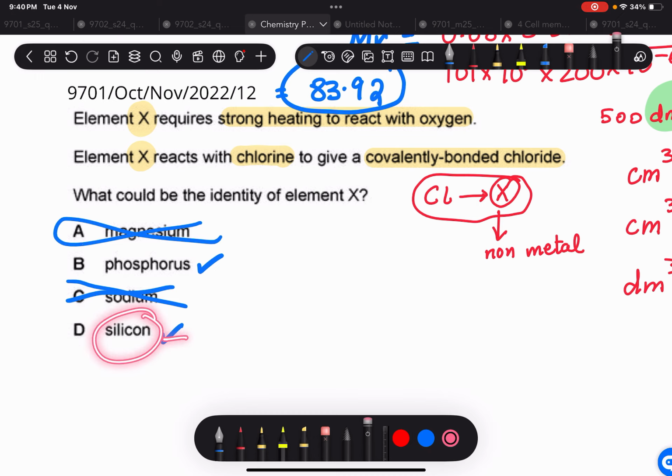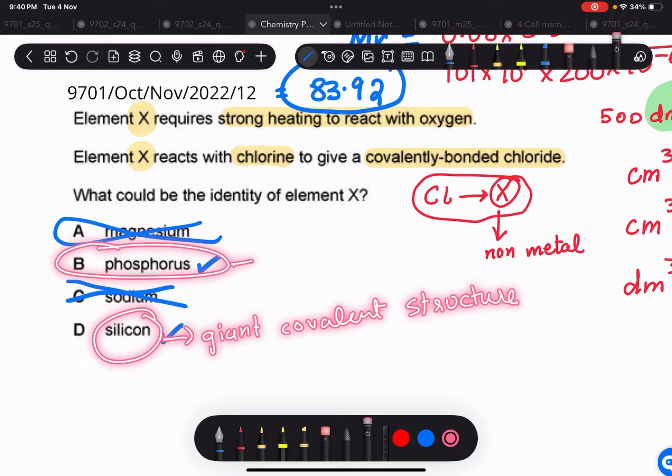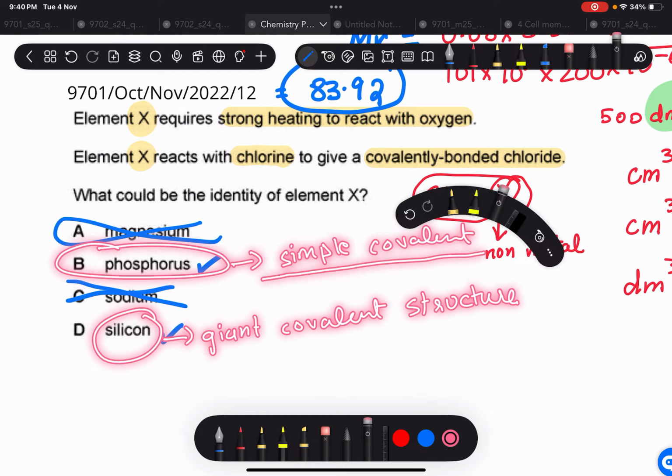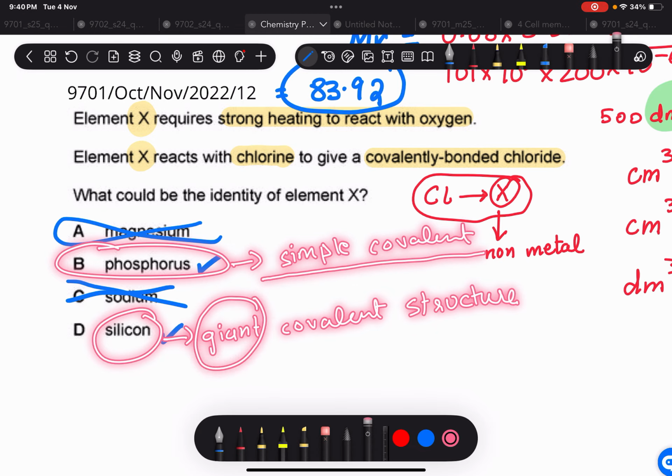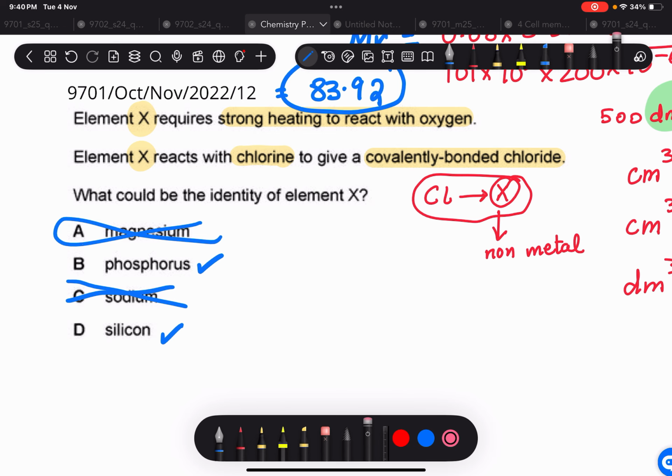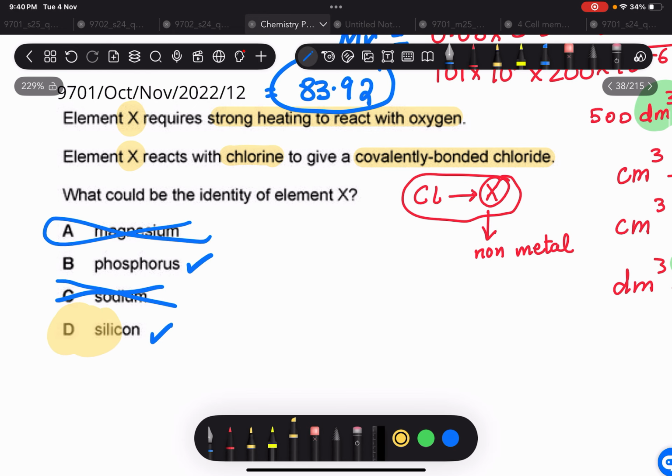Silicon is a giant covalent structure, whereas phosphorus is a simple covalent structure. First you need to break the strong covalent bonds in silicon, and then silicon will react with oxygen. So probably it's silicon, because it requires strong heating to react with oxygen.